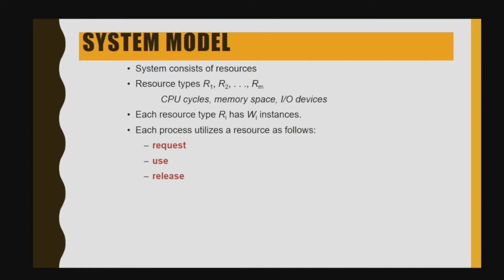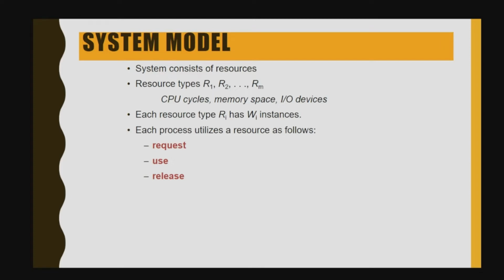So the resources can be our CPU cycles, the memory space that we have in our computer system, and the input output devices. So those are the types of resources. You can recall what we have learned about resource management, which told us what the resources are. And each resource type has instances.